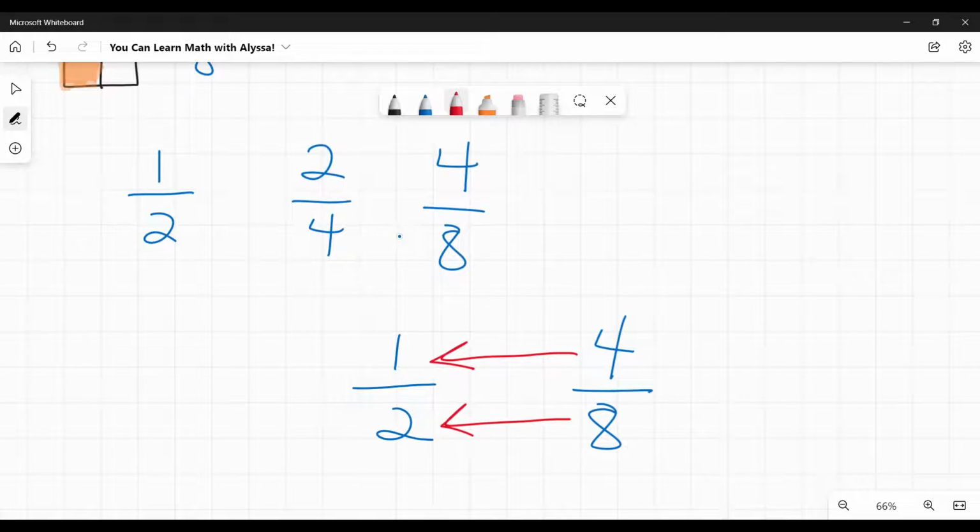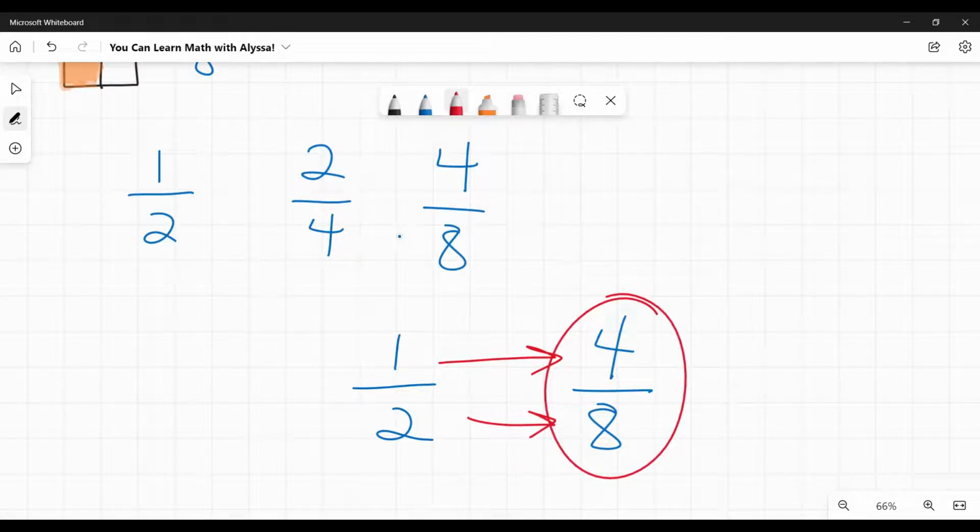It's always going to be multiplying or dividing by the same number on top and bottom to make these fractions the same. This is critical. You multiply by the same number top and bottom to make a fraction with a bigger denominator.